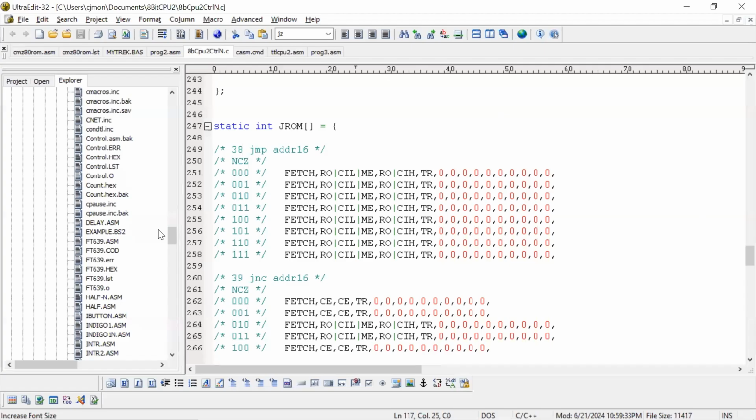And I'm going to switch over here to my program that actually generates the ROM file, and you can see how this is used. We're all the way down at instruction 38, so there's a whole bunch of instructions that precede it. But what I want to show you here is how each instruction requires 8 control records.